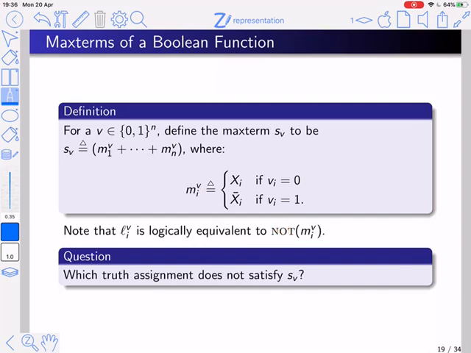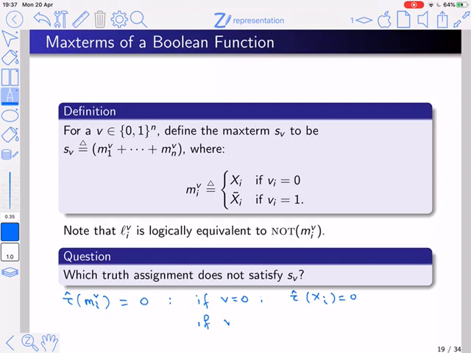Okay? So, I look at the max term S of V, and I ask which truth assignment does not satisfy S of V. Okay? So if it doesn't satisfy S of V, what does it mean? Let's look at Mi of V. I want tau hat of Mi of V to be 0. That means that if Vi is 0, then tau hat of Xi has to be 0, because Mi of V equals Xi in this case.